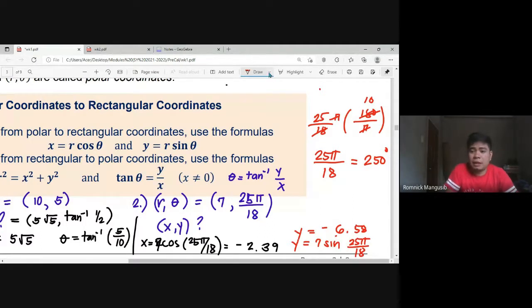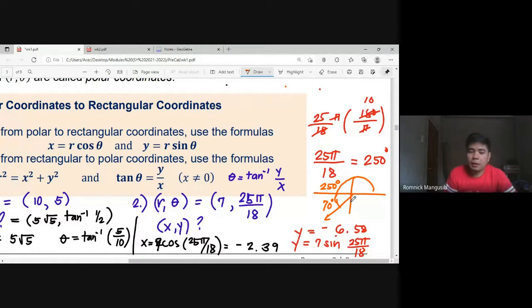And where will you find 250 degrees? In what quadrant? Here, 180 plus 70 is 250 degrees. So if this is 70 degrees, then up to here the equivalent is 250 degrees. Why?